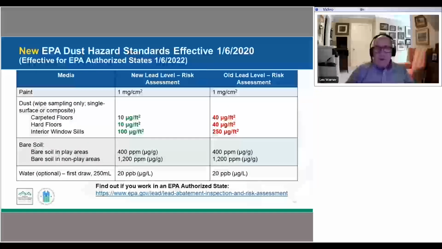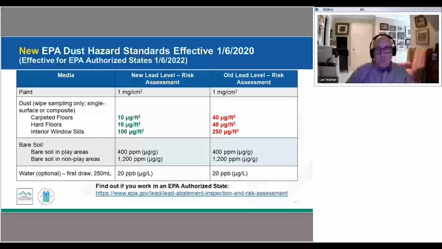With the inspections being completed, we then have standards in place. Later in this section we'll be talking about completing these inspections and when we determine that we have brought hazards down to, or found them to be at, an acceptable level. What are the standards in place? We'll be looking at micrograms per square foot, micrograms per gram in some cases, or micrograms per liter.